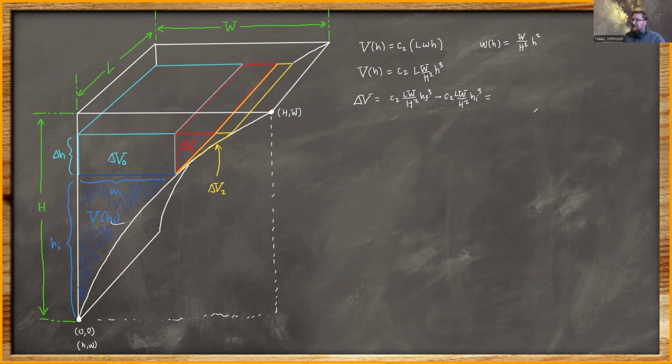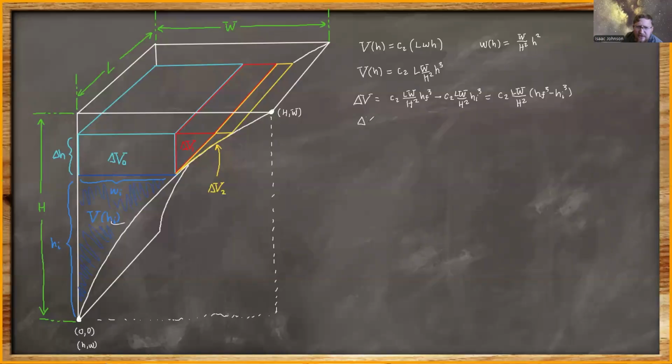And then all the constant terms that are unchanging, like the parameters of the box and that constant ratio, get to factor out. And this is why Jonathan spent that time playing around with difference of cubes. Once we got to this point with the triangular tank, there was a nice delta H that popped out on the other side so that we could relate how height changes to how volume changes.